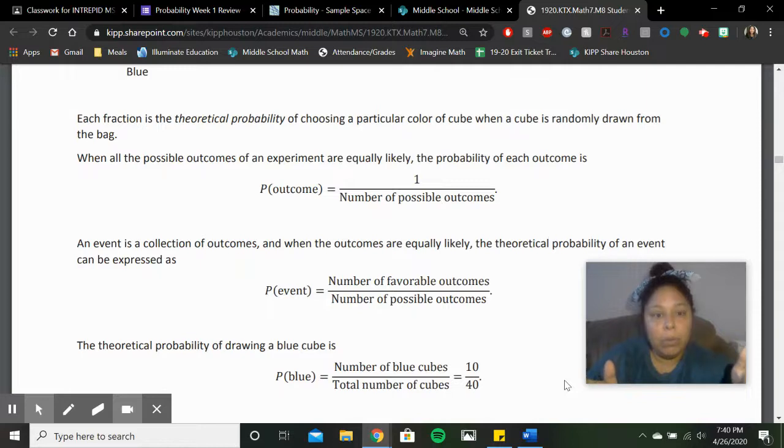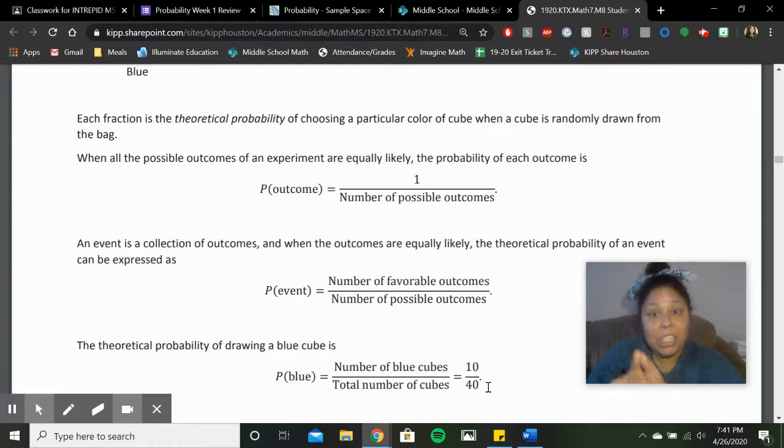So an experiment with equally likely outcomes is an experiment where each option is the same, meaning, for example, we have a bag of cubes. There's 40 cubes in it. There are 10 blue cubes, 10 green cubes, 10 red cubes, 10 yellow cubes.